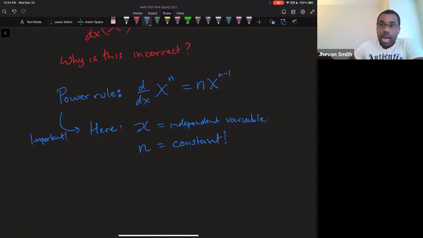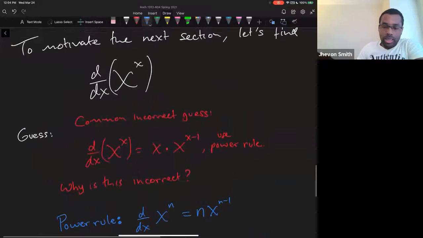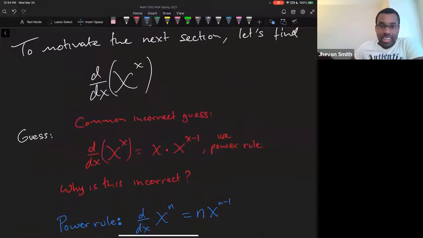Which means I'm allowed to use this rule when my power is a constant. If I look at this, is that the case? No, it is not. The power is also a variable, which means you applying this rule means either you didn't know the power rule correctly and you kind of did something on instinct, or you knew the power rule, but you didn't really pay attention to what the individual pieces in the power rule were.